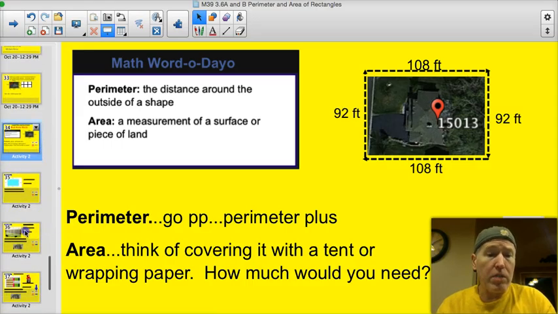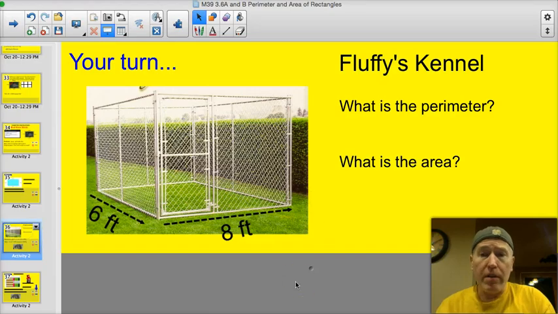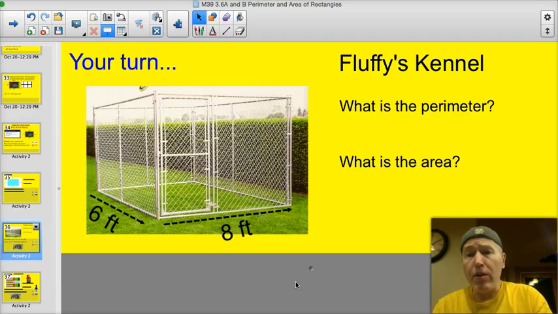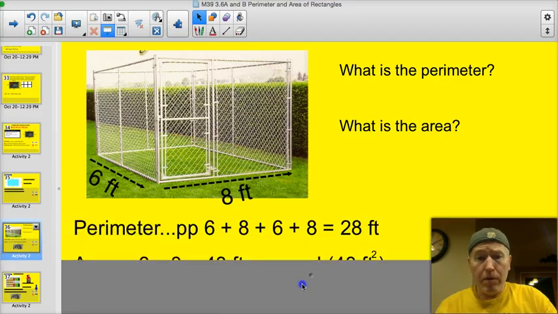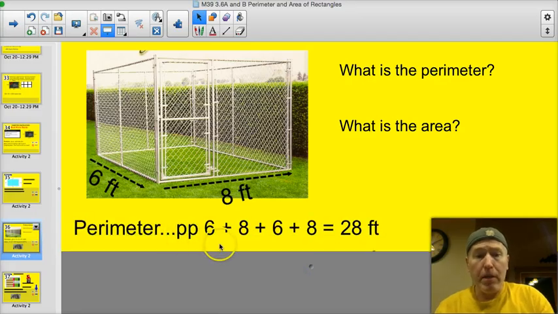All right, let's take a look at some examples. The first one tonight, Fluffy's kennel. What is the perimeter of Fluffy's kennel? Go ahead and pause the video and see if you can find the area too. Let's see how you did. Well, if you go perimeter plus, you just add those numbers together. You've got 6 feet here, 8 feet here, but don't stop.